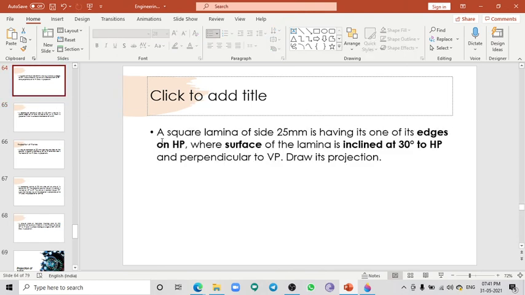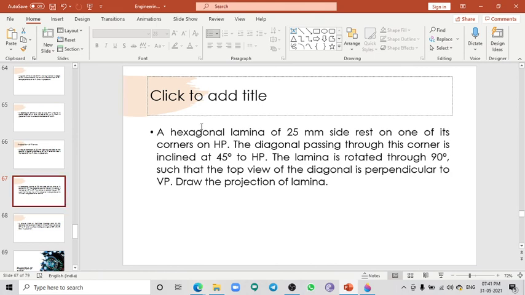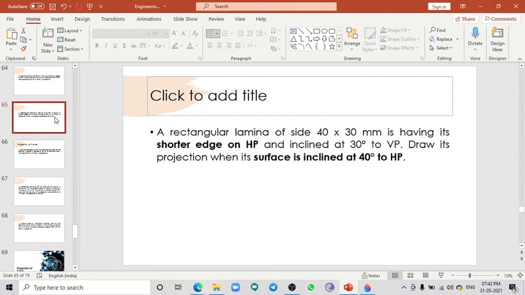If we take the square lamina, it's also lying on one of its edges on HP, so one edge should lie on the left hand side. But if we take the hexagonal lamina, it is resting on one of its corners on HP, so one corner of the hexagonal lamina should lie on the left hand side. So this is the first point we have to concentrate on irrespective of the shapes. Then the second point is surface inclination.